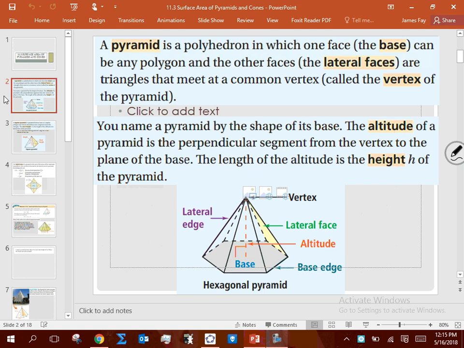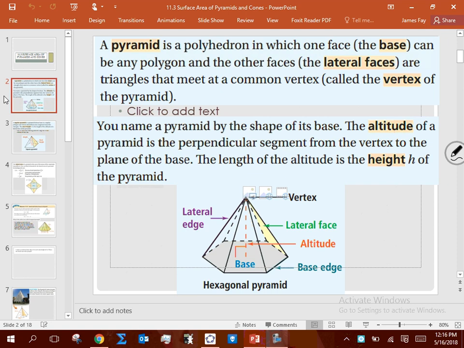And it can be regular or irregular. That base does not have to be regular. It does not have to be equilateral and equiangular. However, those are the ones that we will spend most of our time on, if not all of our time on, because they set themselves up nicely to be addressed with some nice, convenient formulas.